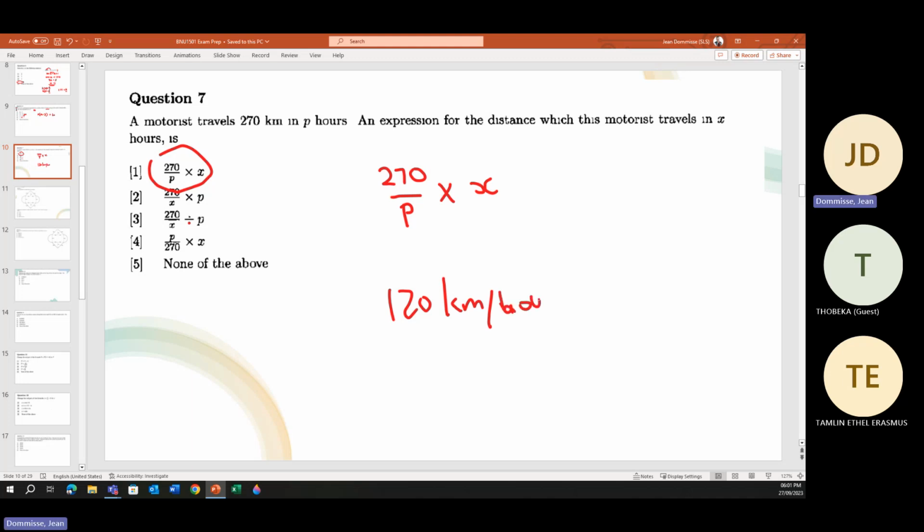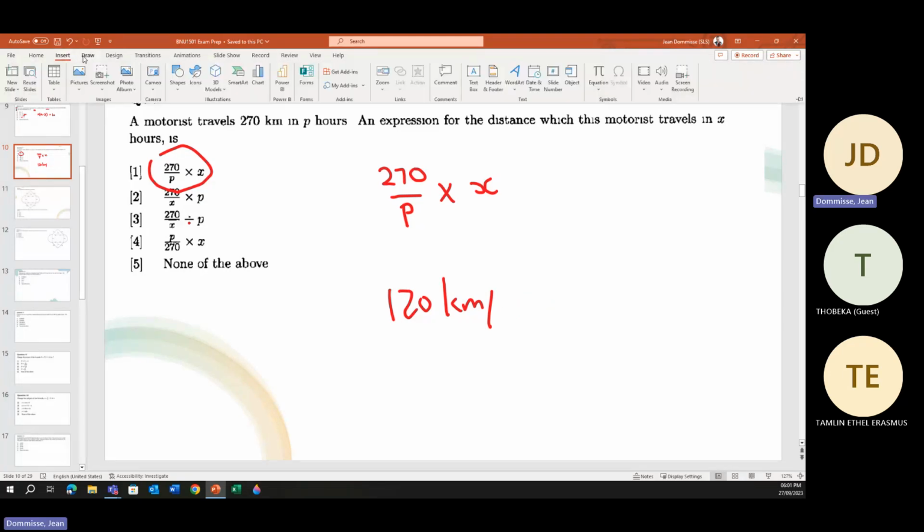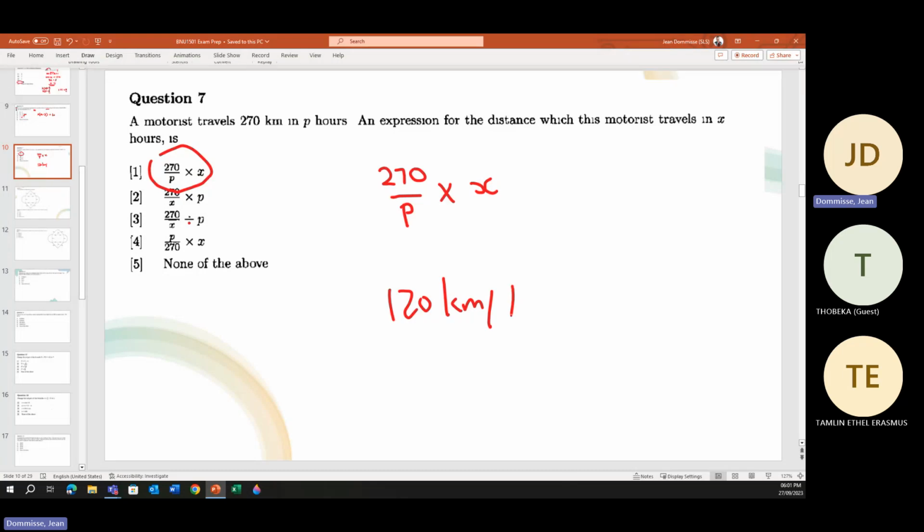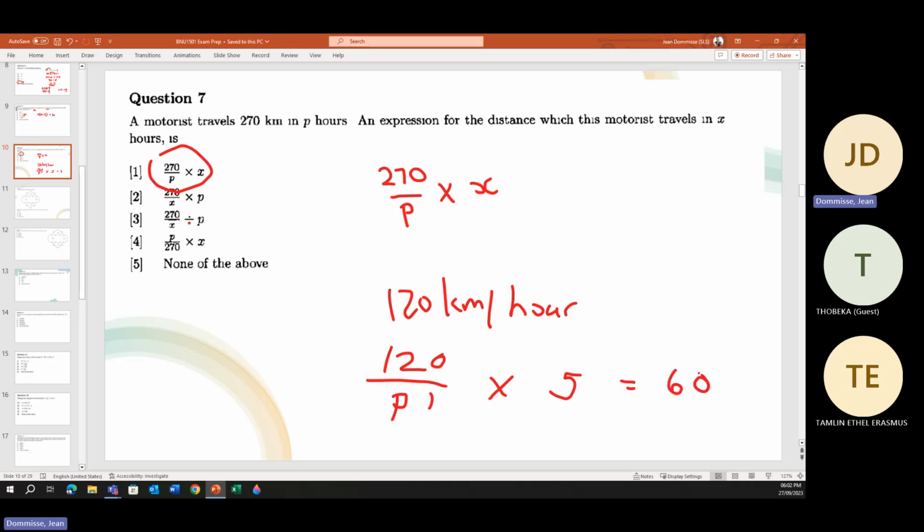So if we said we traveled 120 kilometers per hour, then it would have been 120 kilometers, and if that hour was 1, then it would have been 120 divided by p. So if we then travel for 5 hours, we know that we have traveled for 600 kilometers.